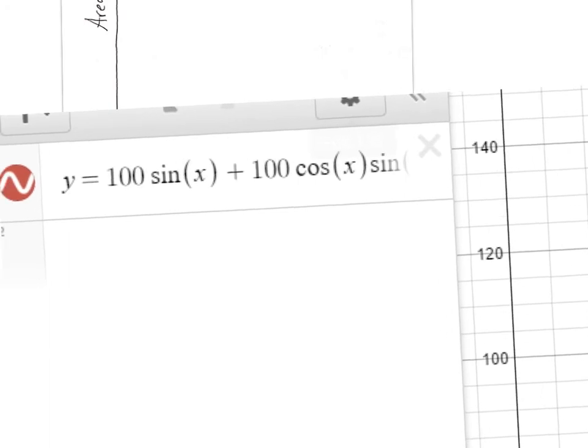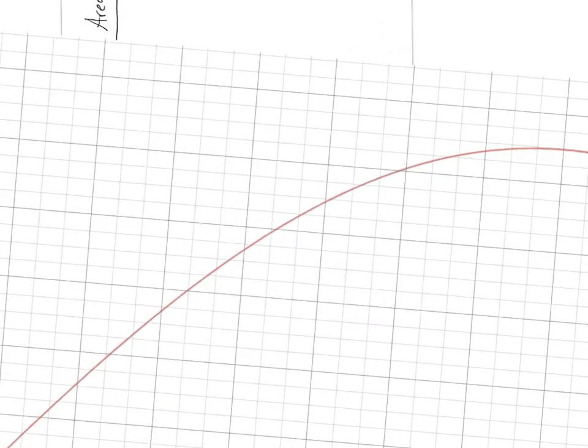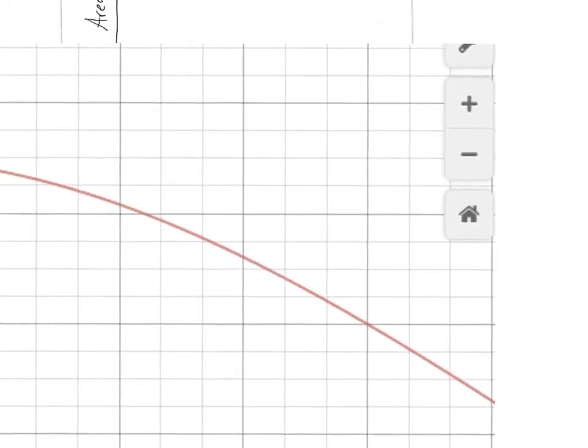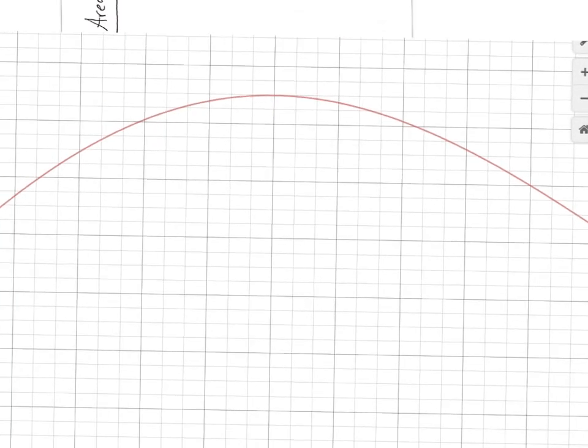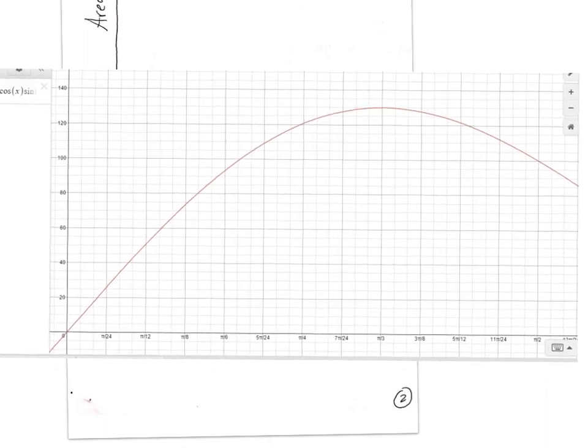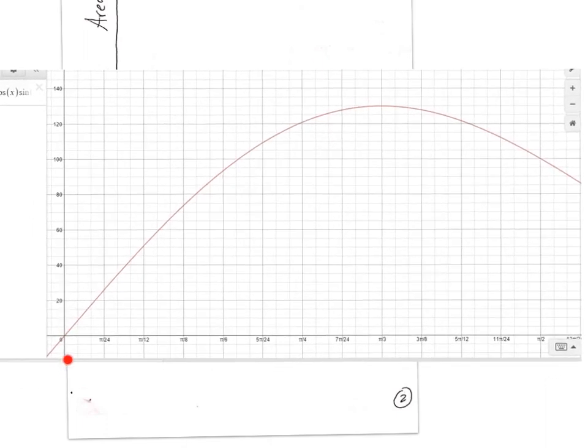So here's how I typed in the equation. And then over in the little wrench thingy, well, we can't see it. But anyway, in the wrench, I made sure that the divisions on the x-axis were in terms of pi, and I set the scale so that, here, this looks pretty good. So we go from 0 to pi over 2 here, like this.